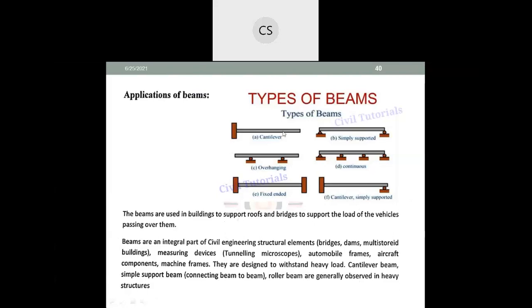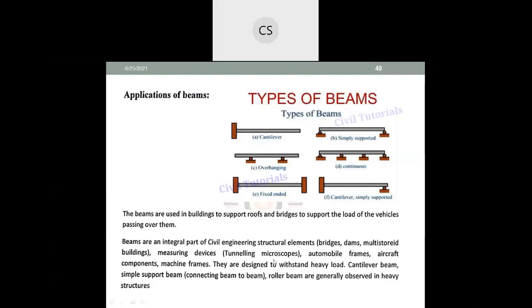The cantilever is possible in electronics and communication; you can use cantilevers. Some examples I have given here. Beams are an integral part of civil engineering structures: bridge, dam, multi-storied buildings, measuring devices.